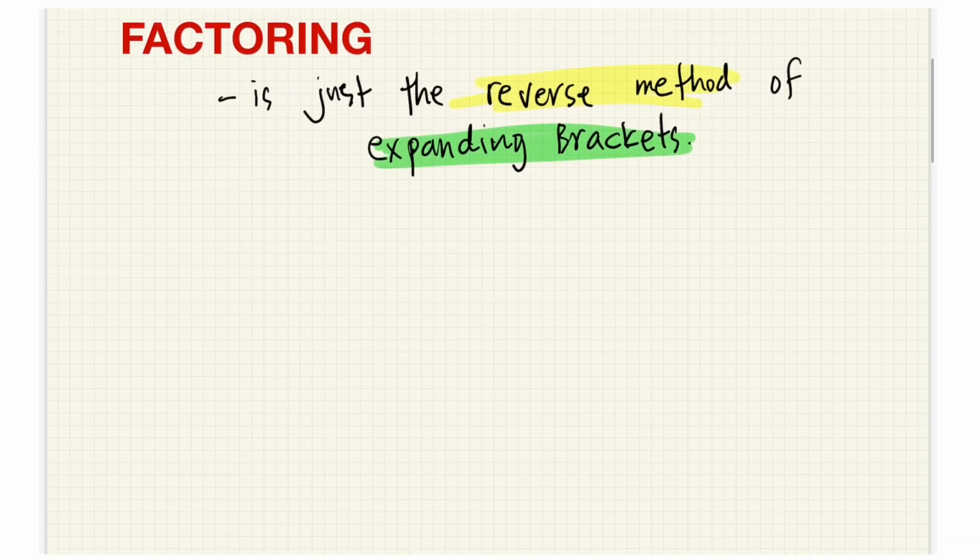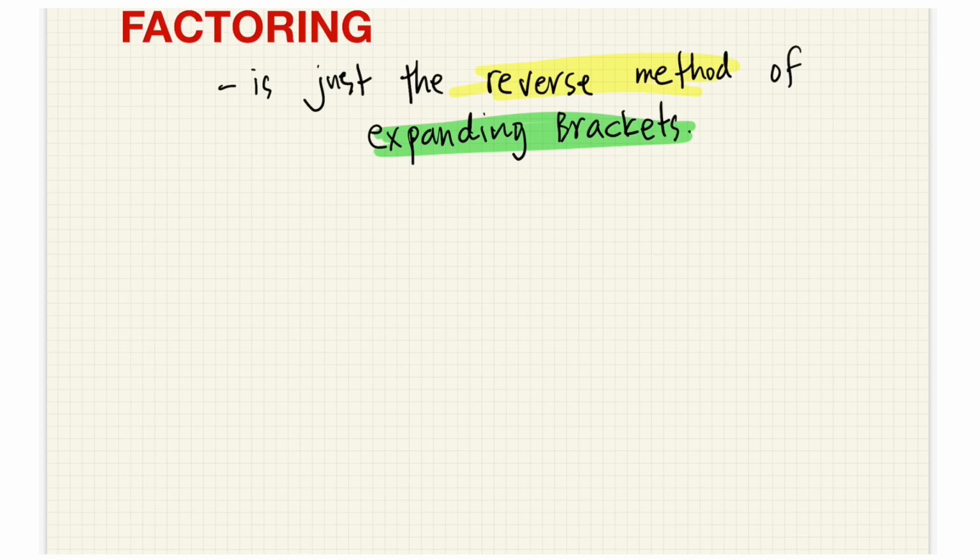Now let's have an example for that. If you have 2 times x plus 3, if we use expanding brackets, we distribute 2 inside the parenthesis. So our new expression will be 2x plus 6.